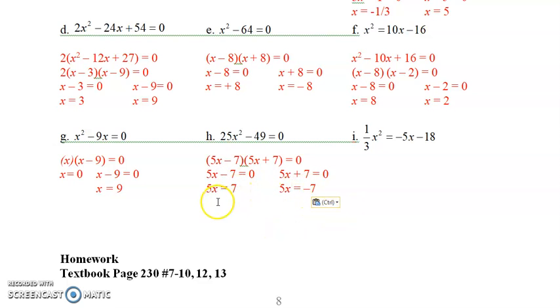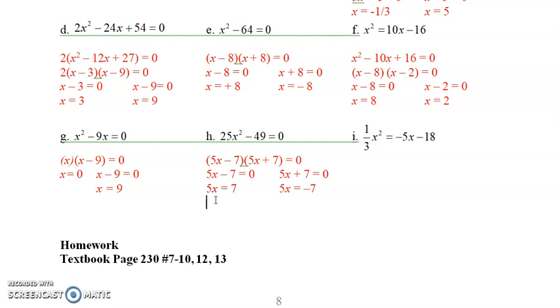And then divide both sides by 5, and we get x equal to 7/5, and on this side x equal to negative 7/5. And you're done. That's it.